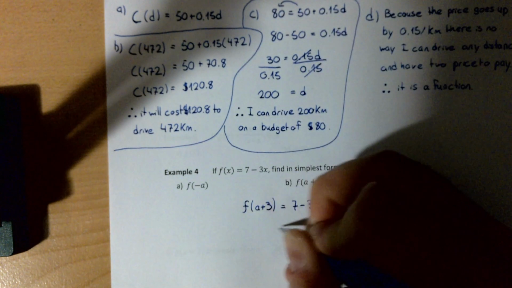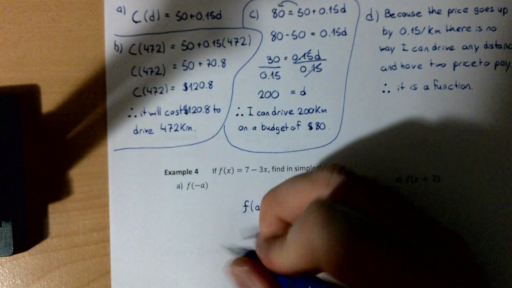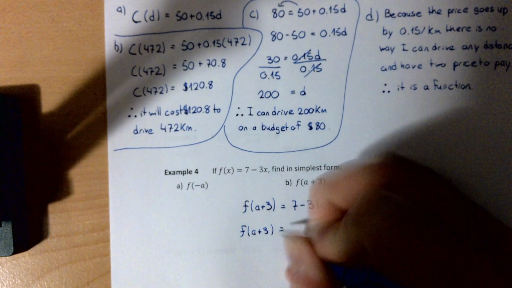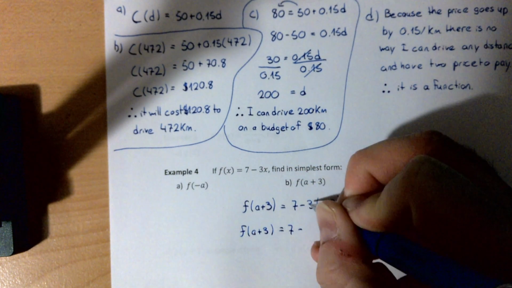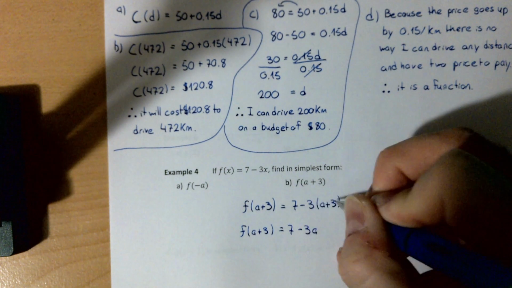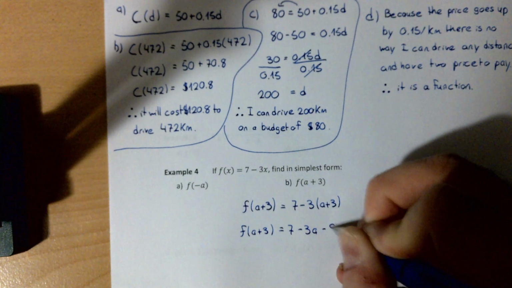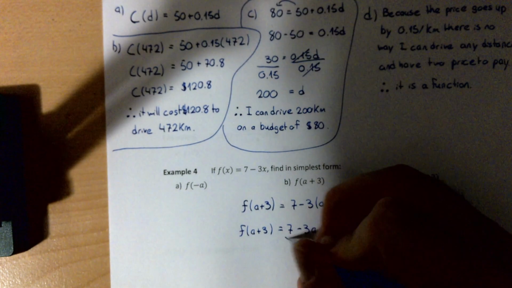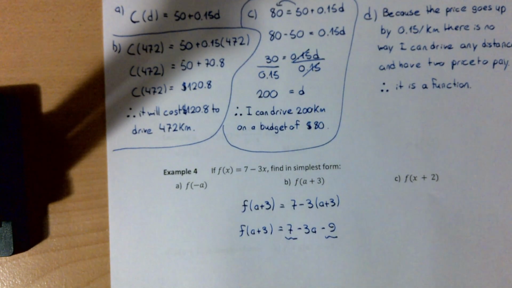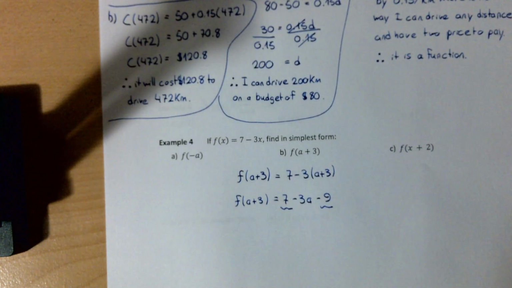And now that I've done that, I just need to open my brackets and simplify. So here I'm just copying this on the left. 7 minus 3 times a, which is going to be minus 3a, and minus 3 times positive 3 is going to be negative 9. And now the 7 and the 9 are both constants, right? They're both numbers. They can be grouped together as like terms.